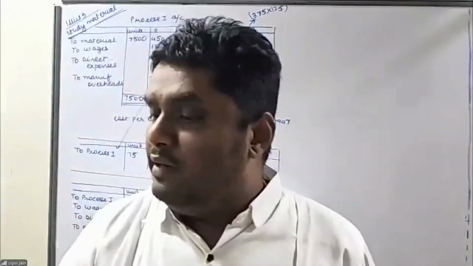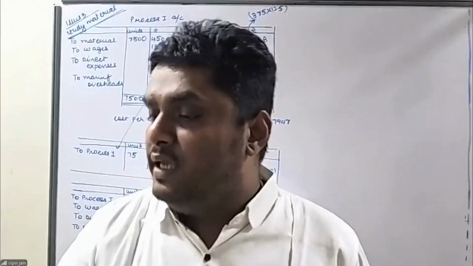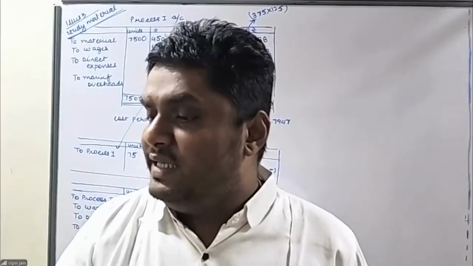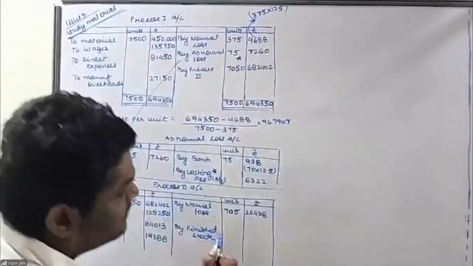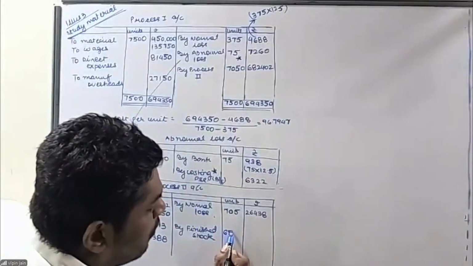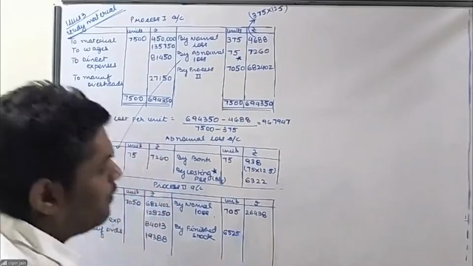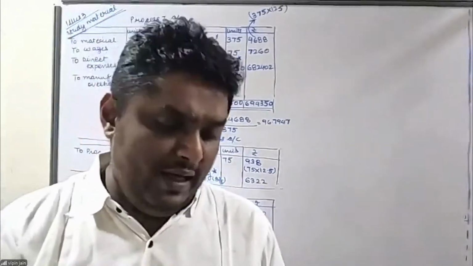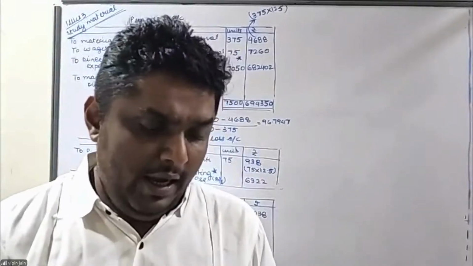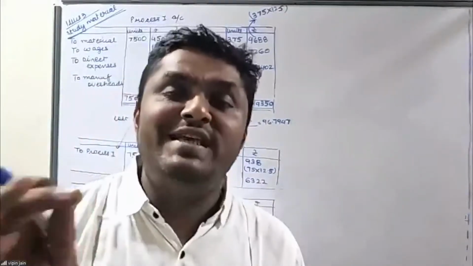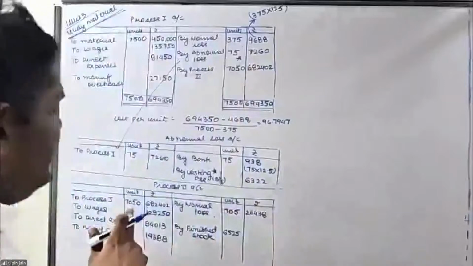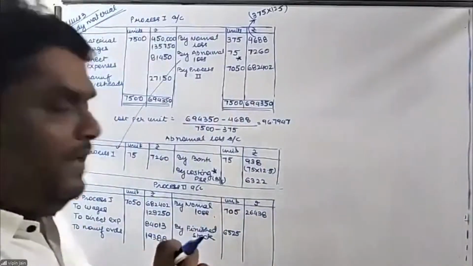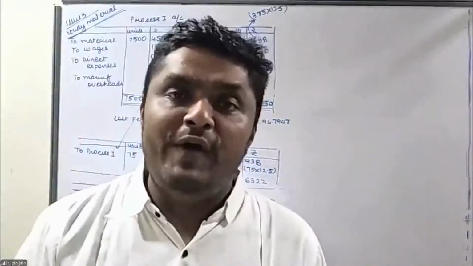The units that are transferred to finished stock is given in the question, that is 6525 units. Now, 7050 was my input and my expected output is 6345. That is 7050 minus 705. That is 6345.